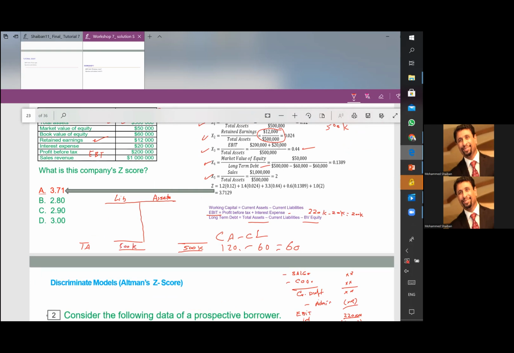Now, this is total liabilities, and this is total assets. Now, this one, liabilities, it would be current liabilities, which is actually 60,000 according to the balance sheet. Long-term debt, I don't know. But I know the equity to be book value of equity, 60,000.